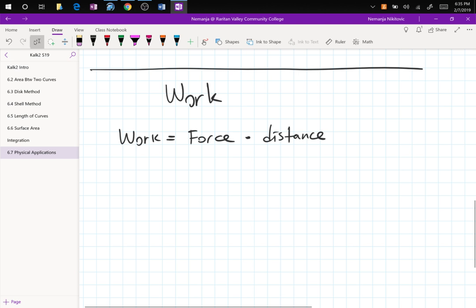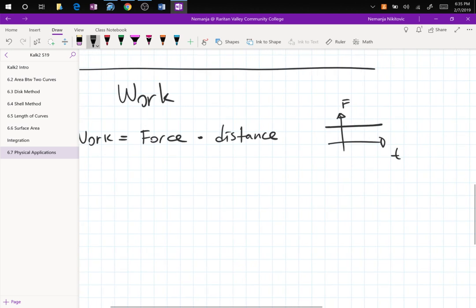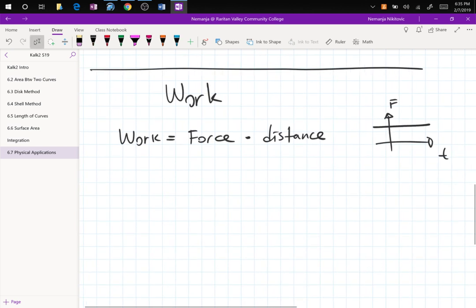So if you are pushing, I'm just going to draw the force graph over here. This is F, and it's like that, flat, boom. Force over time. Now, human push.